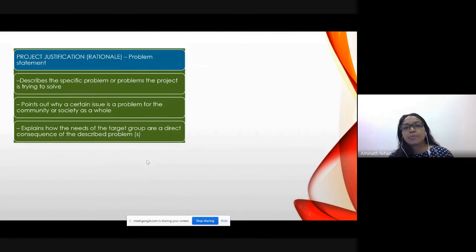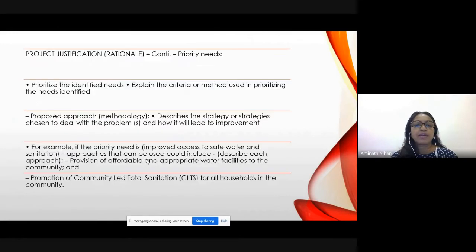So you're describing a problem in the rationale: why this issue is a big problem for your community or society at large, how the needs of the target group are neglected because of this particular problem, and how it's impacting them. When you describe all these elements, you'll be able to justify better why this project is beneficial.